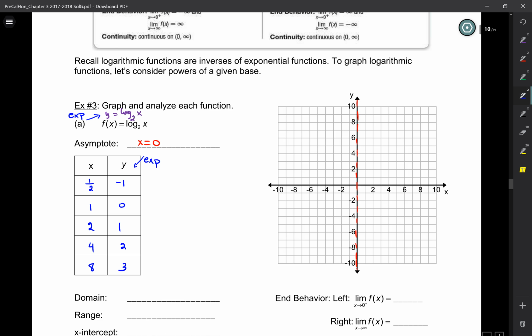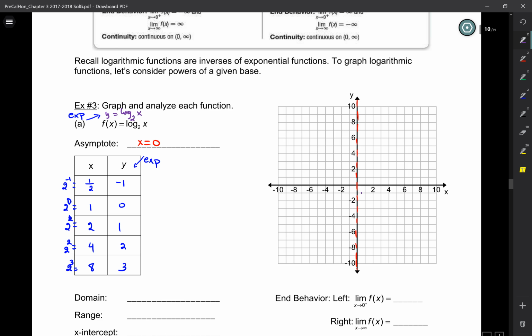And here we have 2 to the -1, 2 to the 0, 2 to the 1, 2 to the 2, 2 to the 3.